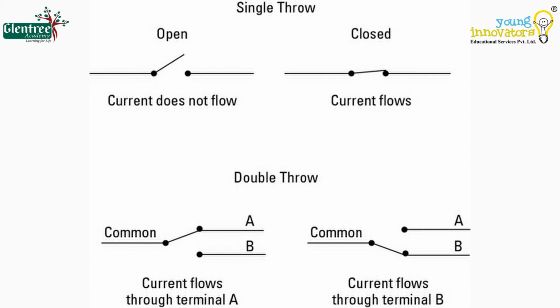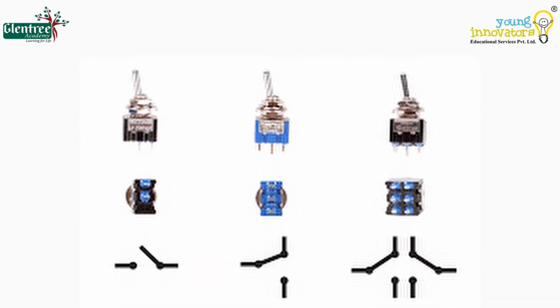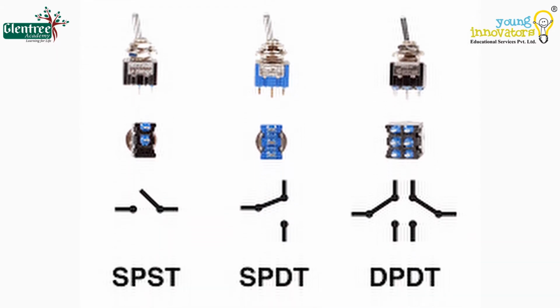Knowing about the poles and throws, we will further discuss the specific classification. We commonly find three classifications based on the pole and throw count in a switch. That is single pole single throw, single pole double throw, and double pole double throw.